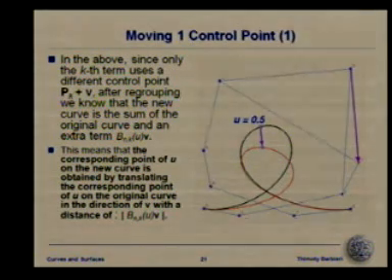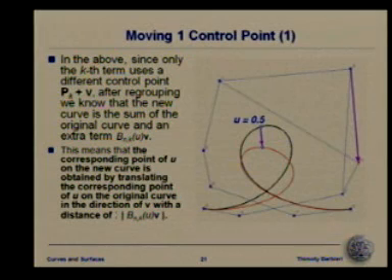So Bezier curves are good, but since Bernstein polynomials work as a partition of unity and they are in general non-zero everywhere in the whole range of the parameter, you cannot localize the effect of moving a control point. If you move a control point, you change the entire curve.